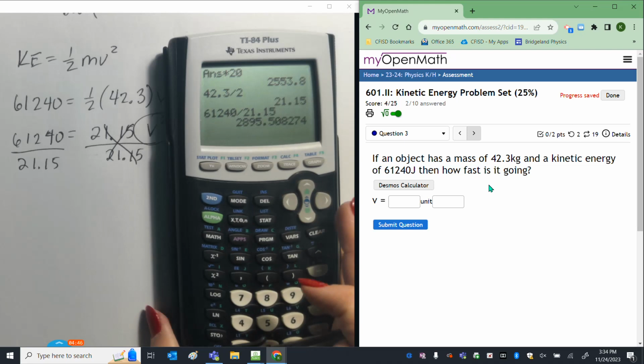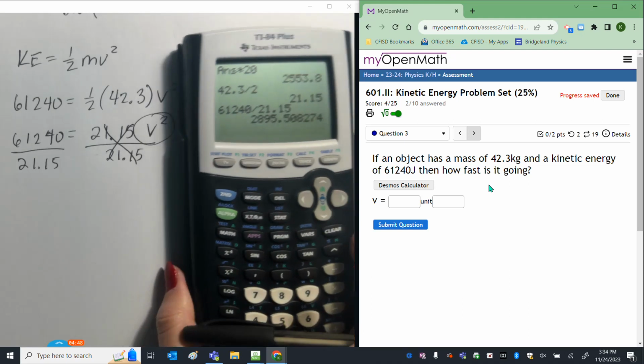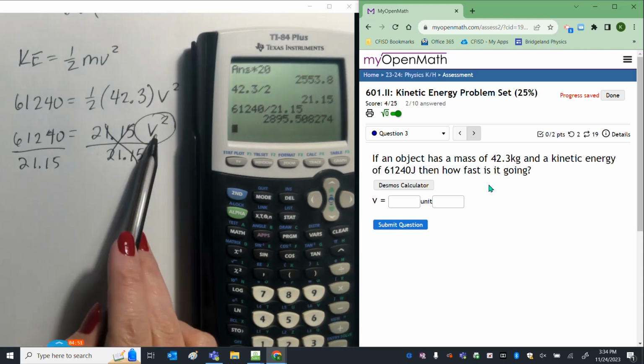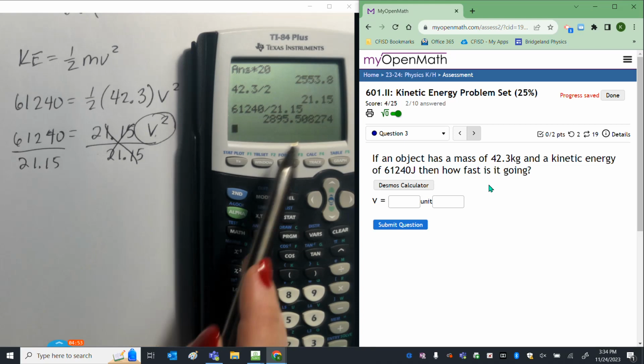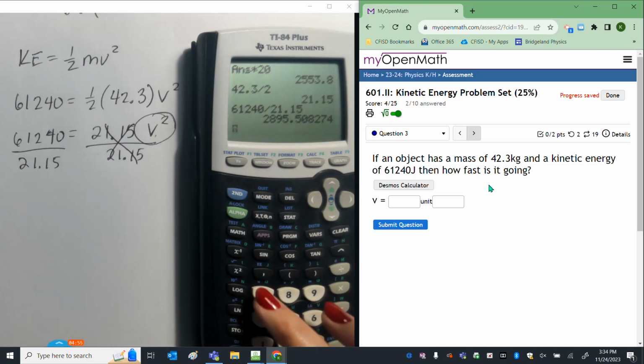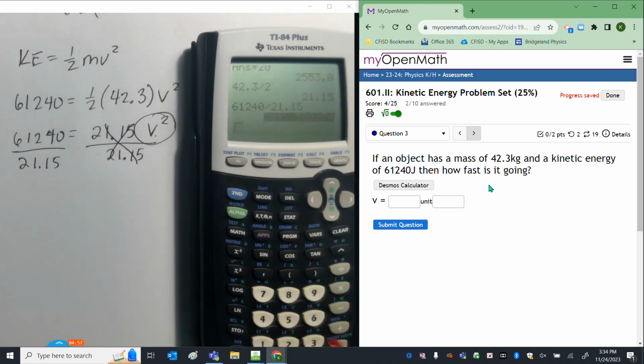Okay, and it gives me this. But again, this is equal to v squared. We need v. So we need to take the square root of this, and that should be our velocity, 53.81, and my units here will be meters per second.